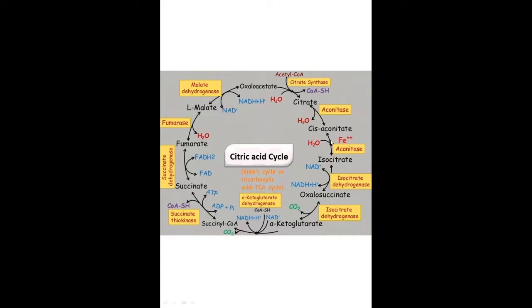In the next 2 reactions, as you can see, citrate is converted to isocitrate. So these 2 reactions are essentially isomerization reactions catalyzed by the same enzyme aconitase, which is non-competitively inhibited by fluoroacetate.